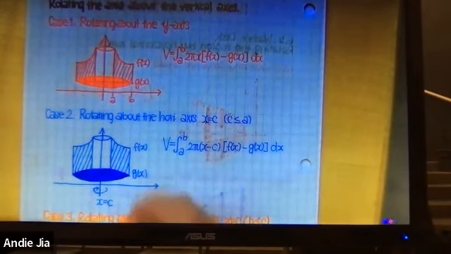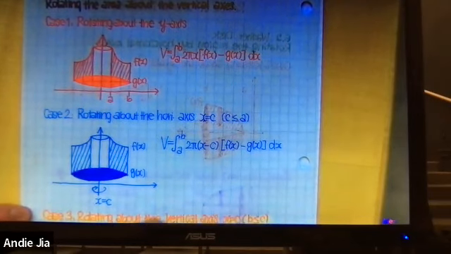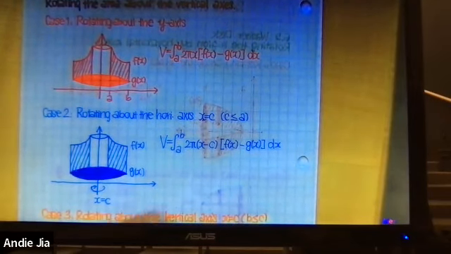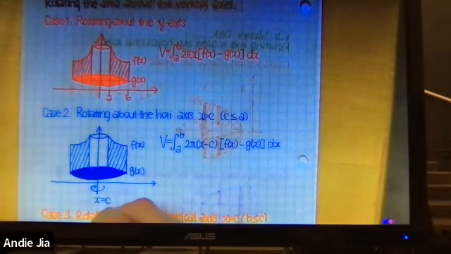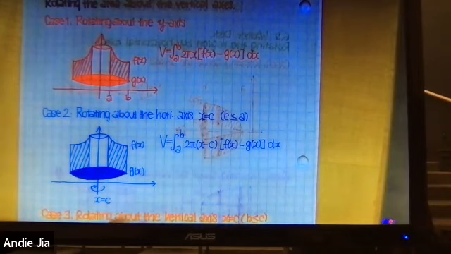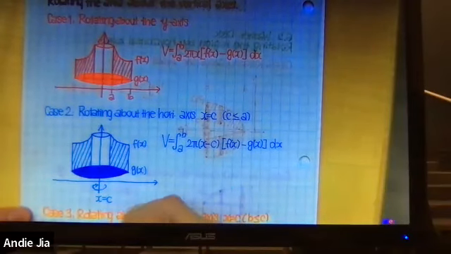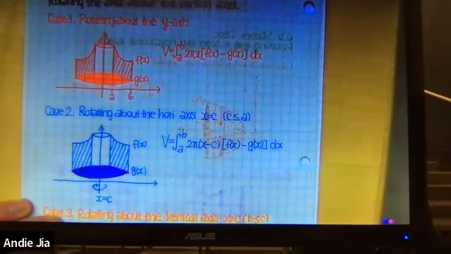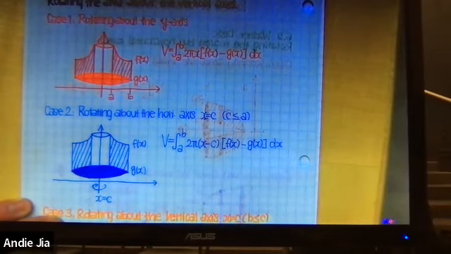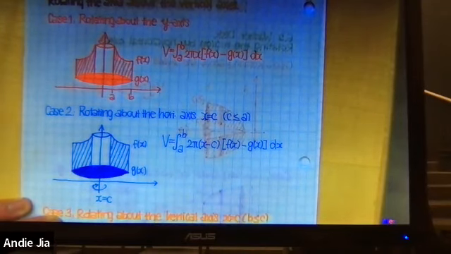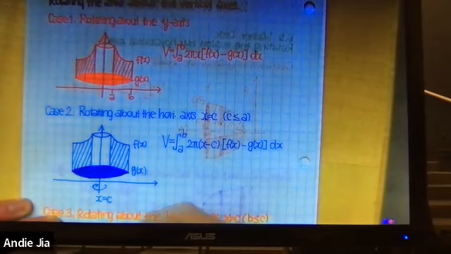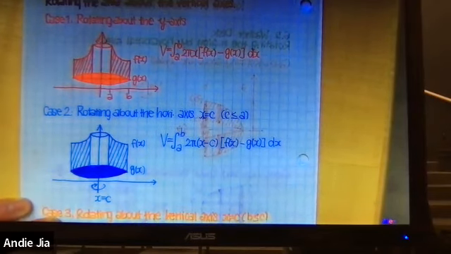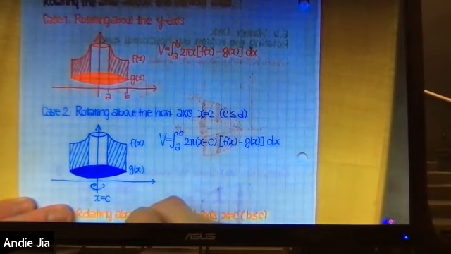Sorry, I'll draw the same shape of this shell. Here is x equal to c, here is going to be a, here is going to be b, with b less than c. It's the radius, inner or outer. The shell is a wider shell here. You can see this wider shell.